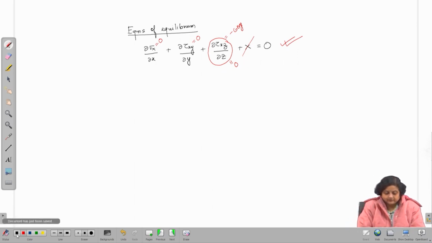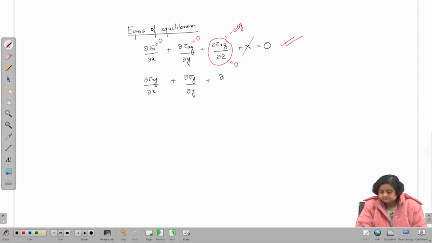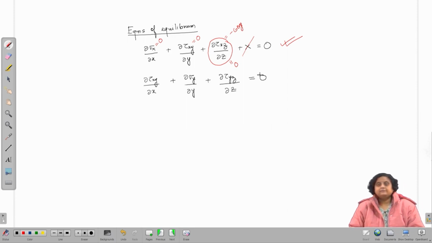Now, let us move into the next equation. So, I am neglecting the body forces, and now let us see whether this equation is being satisfied.